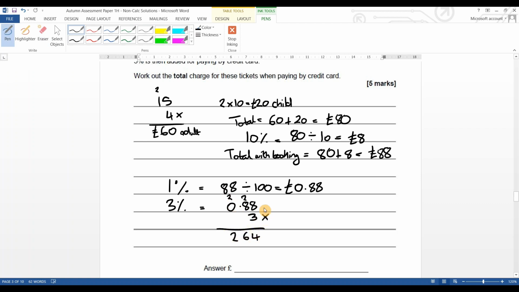Right, I've got 2 decimal places here, and 0 here, so altogether you've got 2 decimal places. So yeah, it is actually there. But it's worth checking where your decimal place actually goes. It's not always the case, but it's worth checking how many decimal places you've got in total. £2.64.